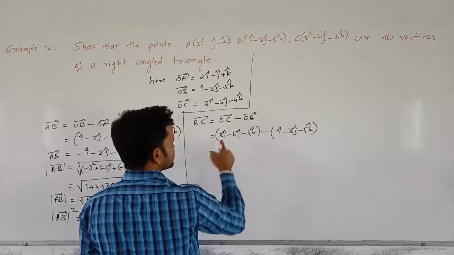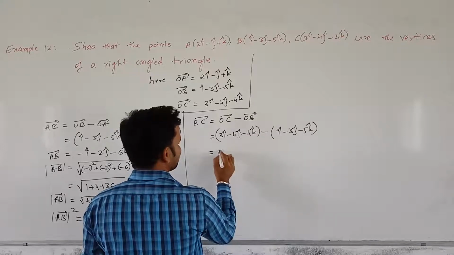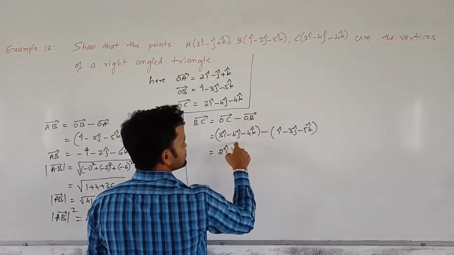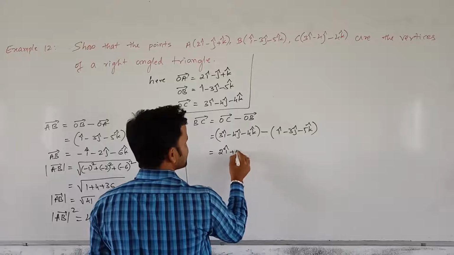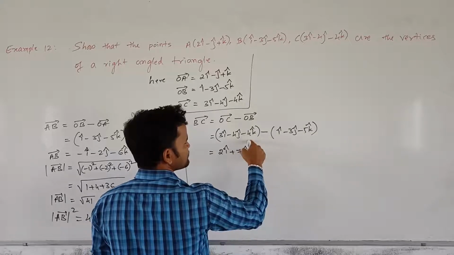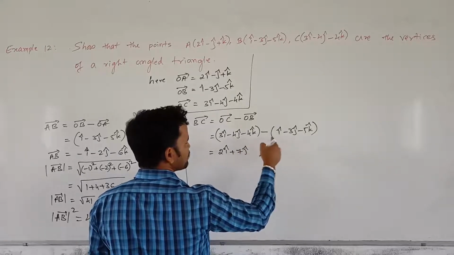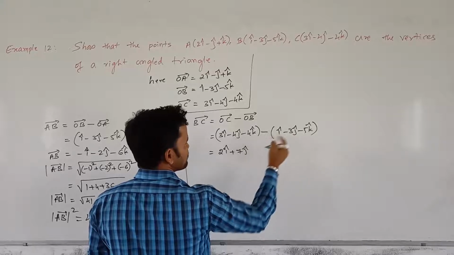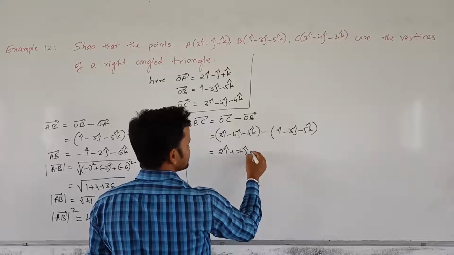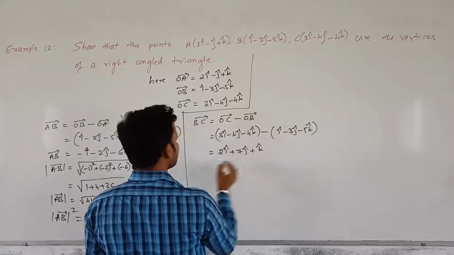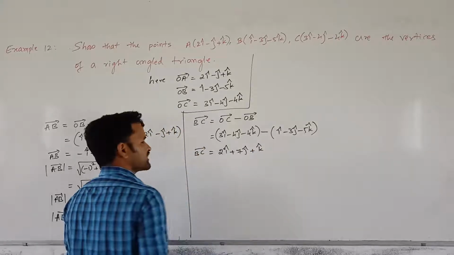Now subtract: 3i minus i is 2i, minus 4j minus minus 3j, this is plus 7j, minus 4k minus minus 5k, which is plus 1k. This is vector BC.